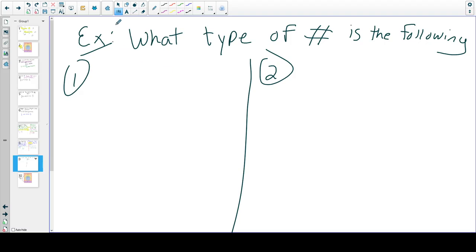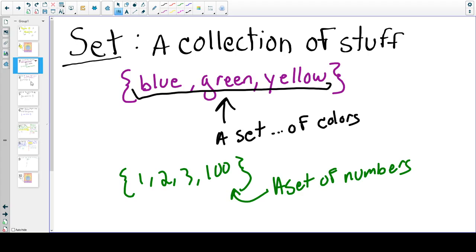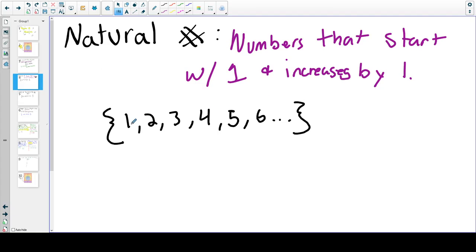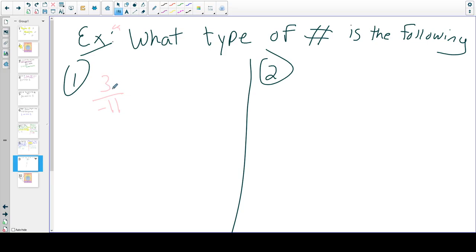Okay, let's use pink. So let's say I gave you 3 over negative 11. Is it a natural number? 1, 2, 3, 4, 5, 6, 7, 8, 9, 10, so on and so forth. No, this is a fraction.